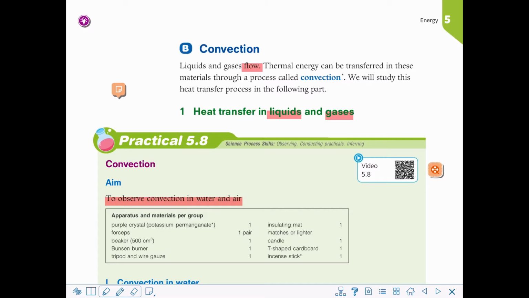First of all, we will have a look at an experiment or practical. The aim of this practical is to observe convection in water and air. Now, let's have a look.